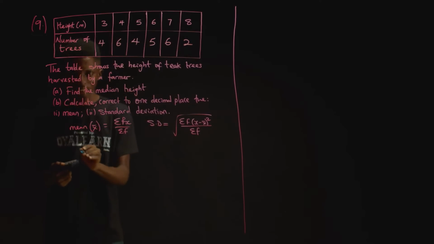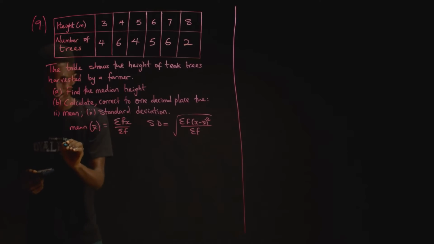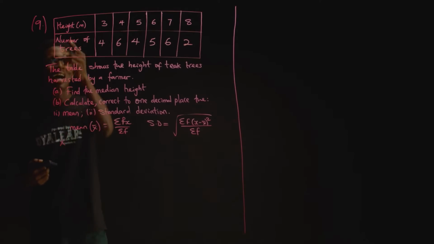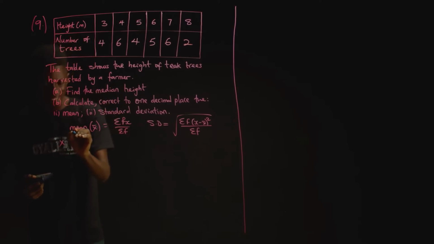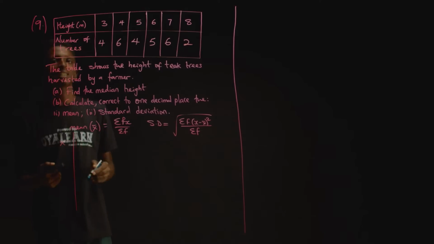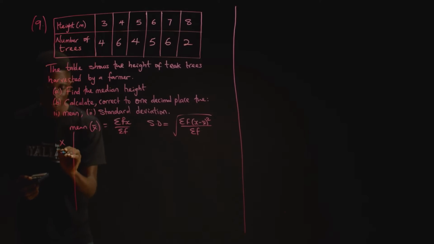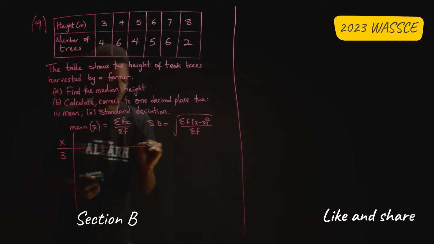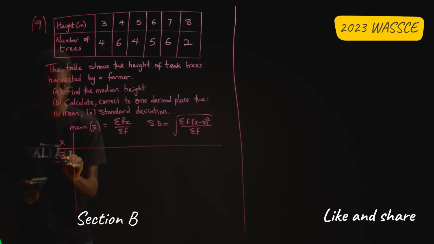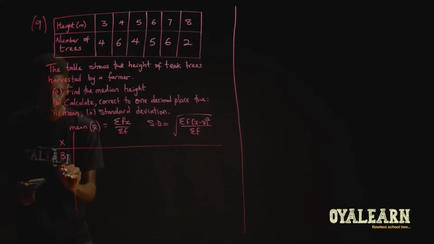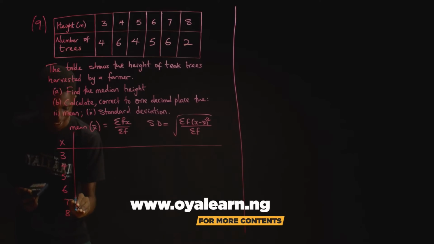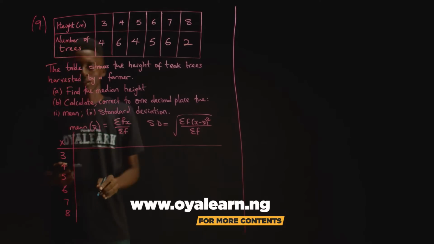So we'll start by writing first our x. Now, x here refers to the height of thick trees, right? And the heights are 3, 4, 5, 6, 7, and 8 meters.